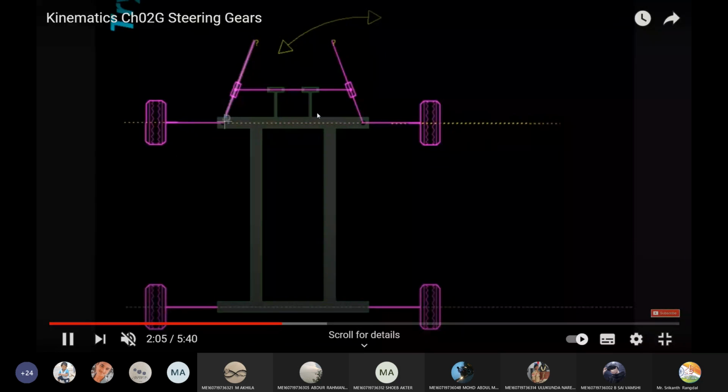When the vehicle is moving straight, the two axes are parallel to each other. Where do parallel lines meet? At infinity, sir. Fine. So the radius of curvature is infinity. A straight path has a radius of curvature of infinity, and the two axes are meeting at infinity.